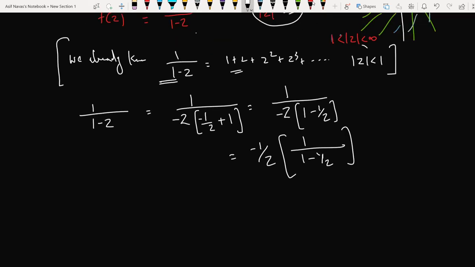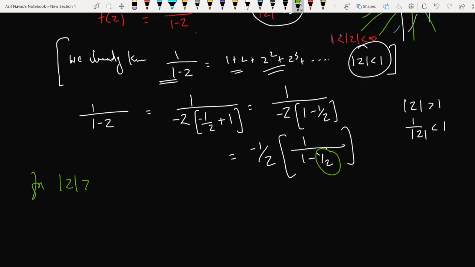We already know for mod z less than 1, 1 by 1 minus z has a series representation like this. Now for mod z greater than 1, we have 1 by mod z less than 1. So for 1 less than mod z less than infinity, this implies 1 by mod z less than 1.